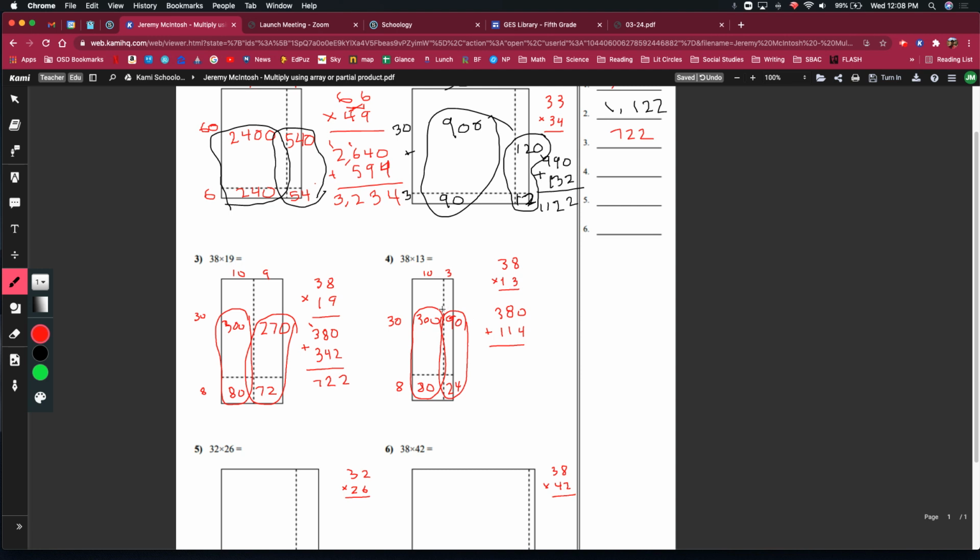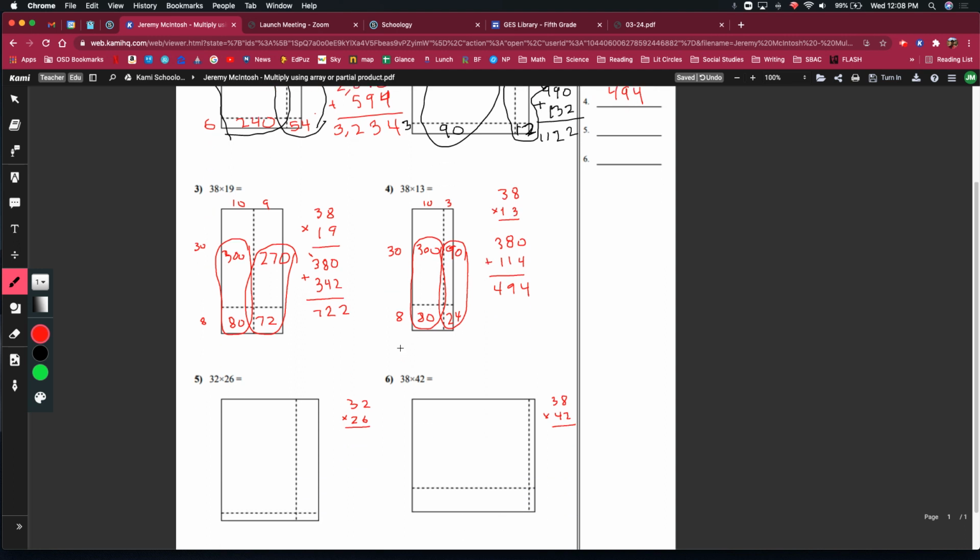You can do any combination you want. If you wanted to do 300 plus 90 first, and then 80 plus 24, totally fine. Whatever you want to do. I always get in the habit of just doing the ups and downs for some reason. 0 plus 4 is 4. 8 plus 1 is 9. 3 plus 1 is 4. 494 for number 4.